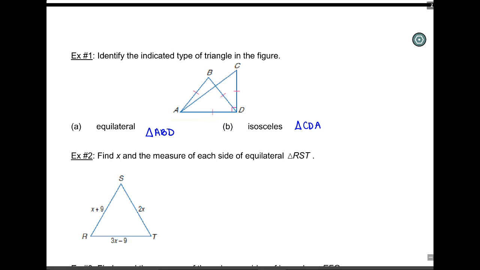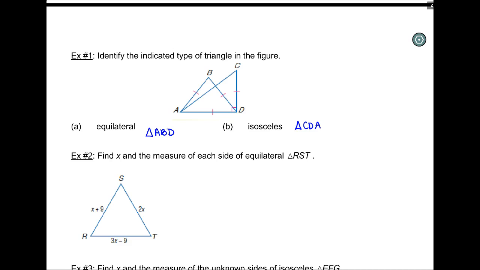Is there a rule about the order we name the triangle? The order is going to matter when we get to it. It has to do with corresponding parts. When we have more than one triangle and we want to compare the 2, the order matters.